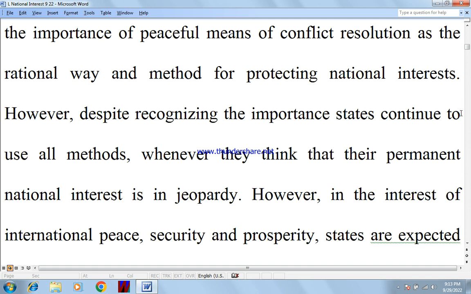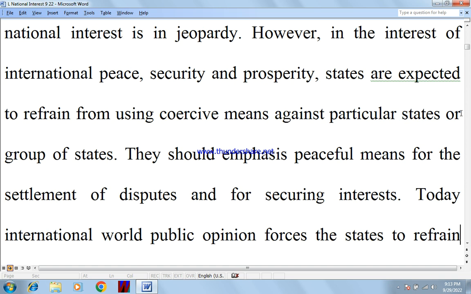However, despite recognizing the importance, states continue to use all methods whenever they think that their permanent national interest is in jeopardy, not secondary. However, in the interest of international peace, security and prosperity, states are expected to refrain from using coercive means against particular states or group of states.